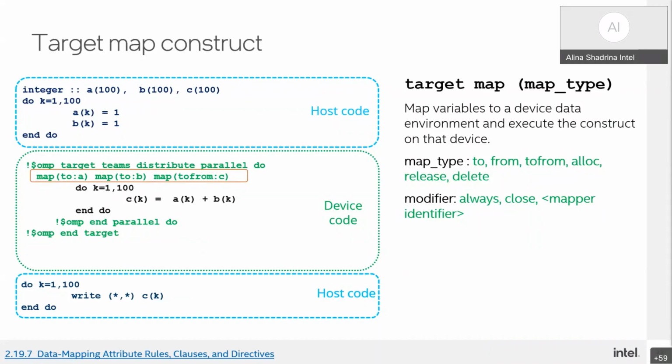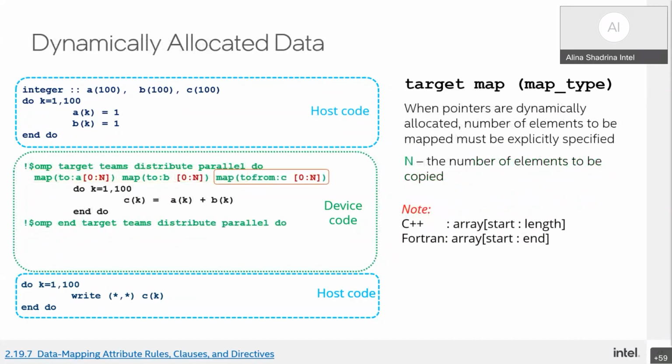There are other modifiers like alloc, release, delete, and so on. I hope that the difference is quite clear. You can allocate an array on a device, and you can release the memory. For dynamically allocated data, the syntax differs a bit.